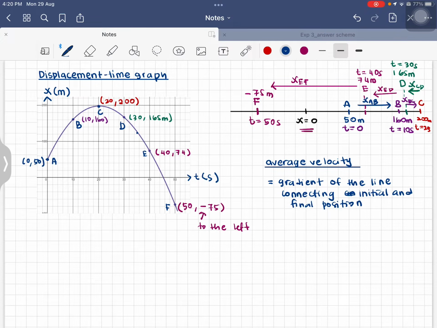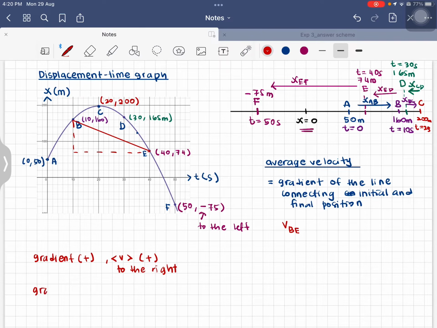Let's say we want to find the average velocity between B and E. Okay, between B and E. Alright, so let's find a line connecting B and E. We need to find the gradient of this line, just until here, to get the velocity from point B to E. So if your gradient is positive, it shows that your average velocity is also positive, to the right, or if we consider motion upward in the y-axis, it is upward.